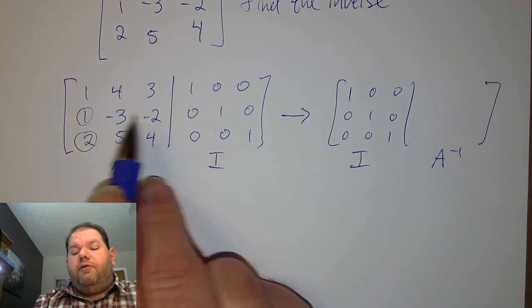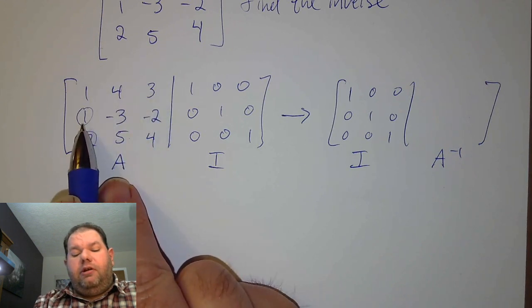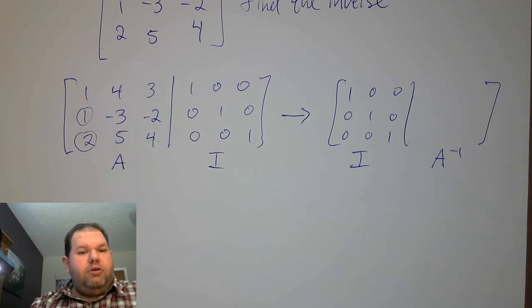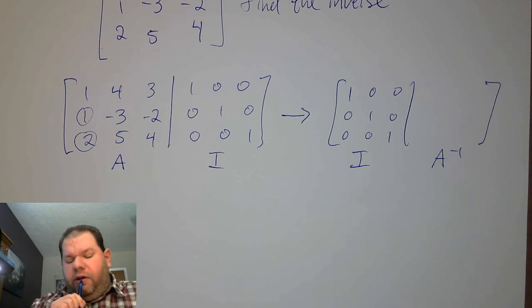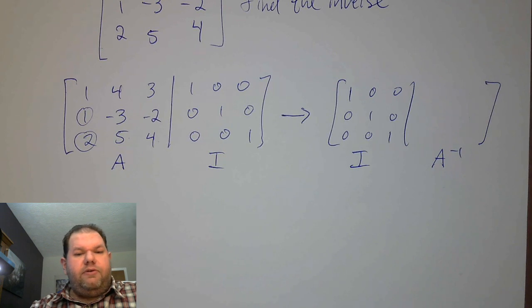So if we can just take row 2 and subtract row 1, 1 minus 1 will give us a 0. We could do it either way, row 1 minus row 2 or row 2 minus row 1. The order is not terribly important in this case, as long as we're getting 0 as the result.